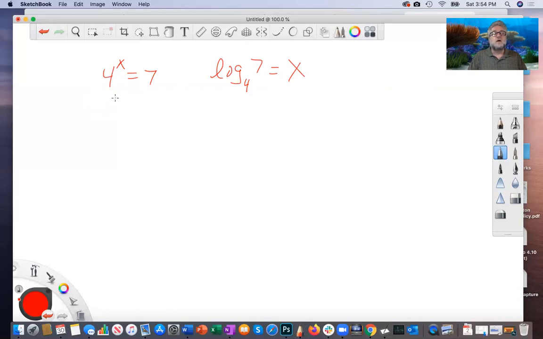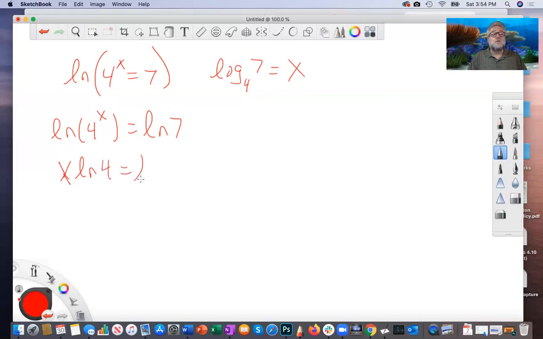What if I, just for fun, took the natural log of both sides? So I did the natural log of 4 to the x equals natural log of 7. Is that legal? Can I take the natural log of both sides? Of course you can. And what do I do here? An exponent inside the log function comes out front. x times ln 4 equals ln 7.